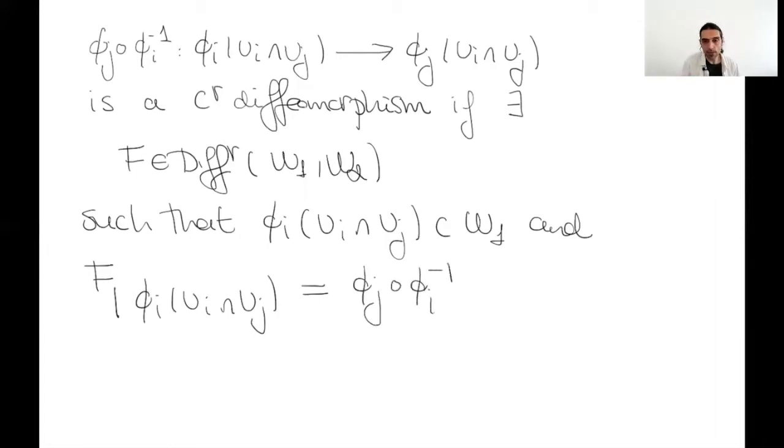And so it's going to be that. These coordinate changes are diffeomorphisms if they are restrictions of diffeomorphisms. Okay? So we don't have any issue when dealing with points in the boundary of our domain.